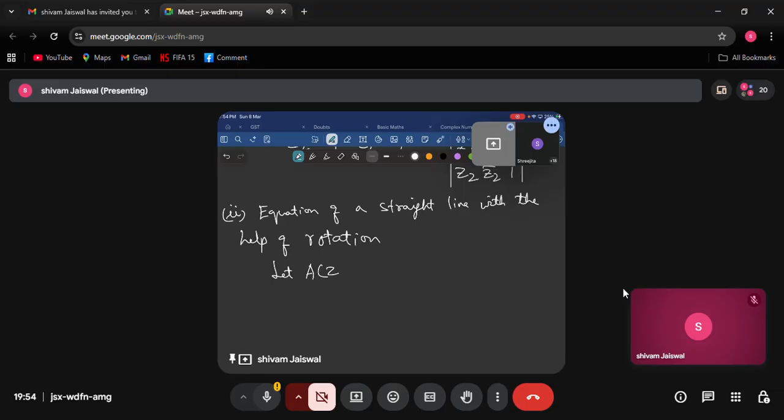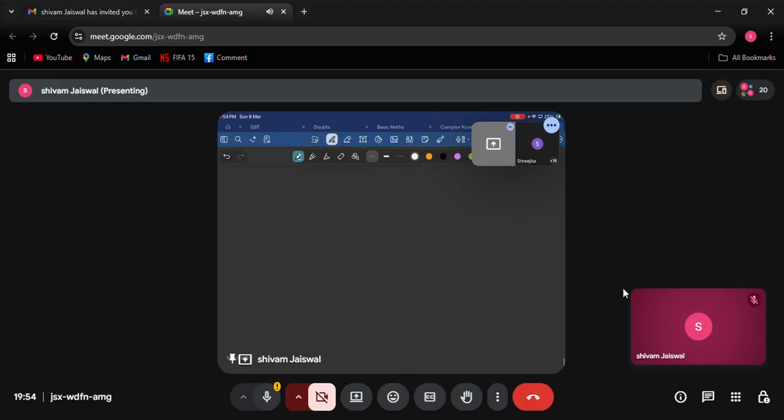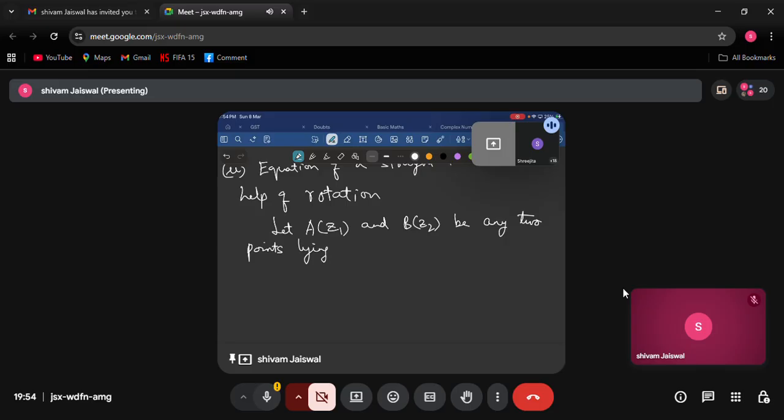A Z1 and B Z2 be any 2 points lying on any line. Like this.